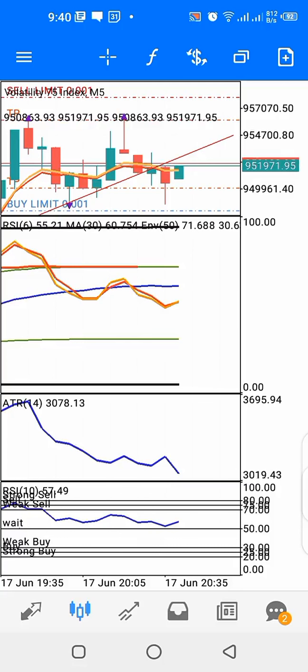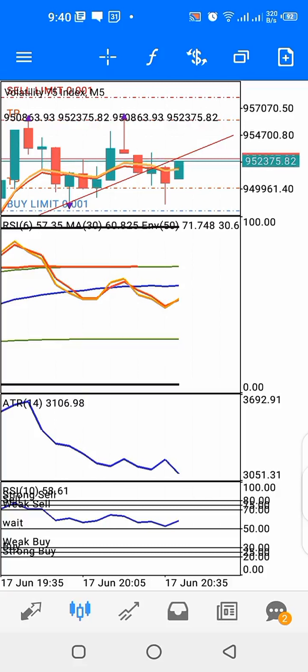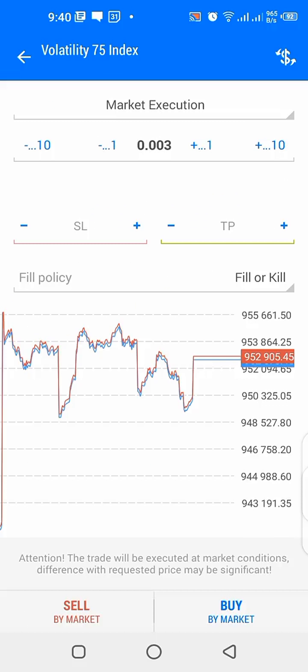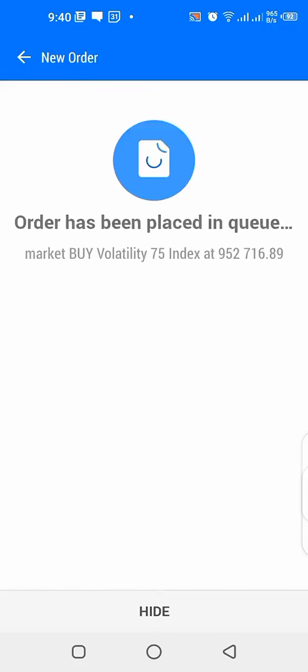That wick is telling me that price may go up, and when price gets to the middle of the 948,000 and 958,000 spacing, I'll place a buy trade. So anytime price gets to the midpoint of my 948,000 and 958,000, I'll place a trade. If it's dropping from my sell limit towards the midpoint, I'll sell. If it's going up from my buy limit towards the midpoint, I'll buy.